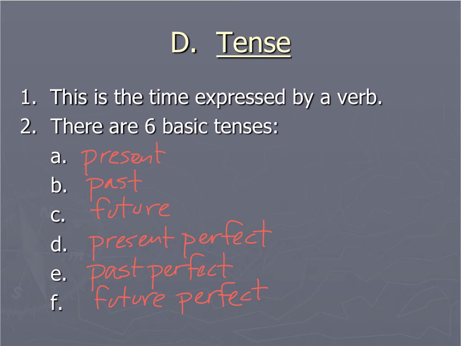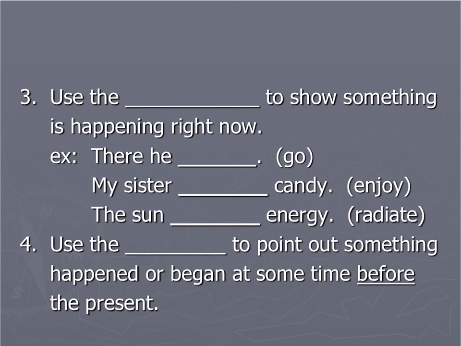Okay, today we're just going to focus on the first 3: past, present, and future. Right? So when we want to show that something's happening right now, we want to use the present tense. Okay? So we use present tense to show something is happening right now.